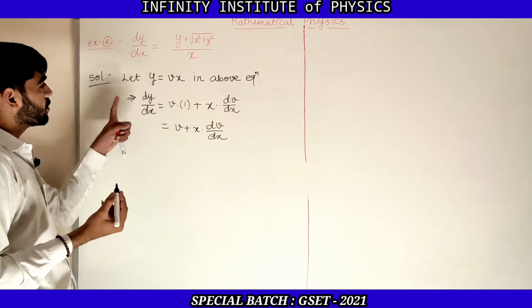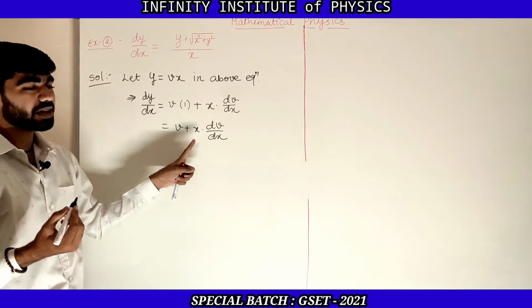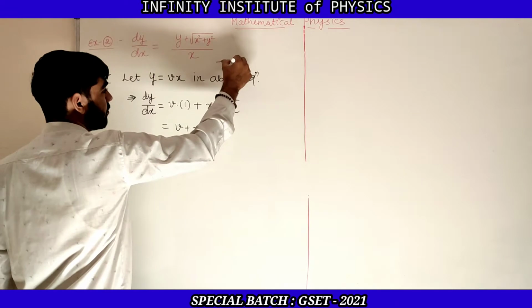Now let us put y is equal to vx in the equation, and dy by dx is equal to v plus x into dv by dx on the left hand side. Call this equation number 1.